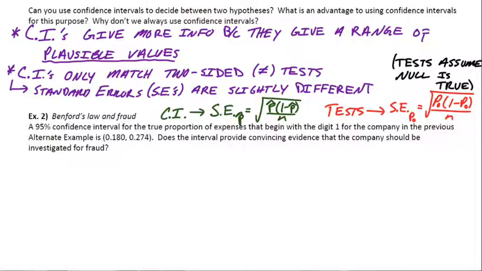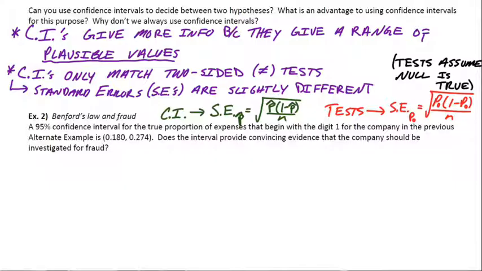But let's look at the Benford's Law one, example 2. So a 95% confidence interval for the true proportion of expenses that begin with the digit 1 for the company in the previous alternate example is 0.180 up to 0.274. That's their confidence interval. Does the interval provide convincing evidence that the company should be investigated for fraud?